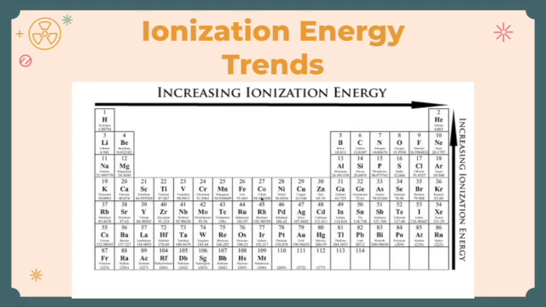And as you move from top to bottom in a group, you are going to decrease the amount of energy required to remove an electron. So you would decrease the ionization energy. So looking over here, the top right corner would have the elements that have the highest ionization energy, and elements in the bottom left corner would have the lowest.